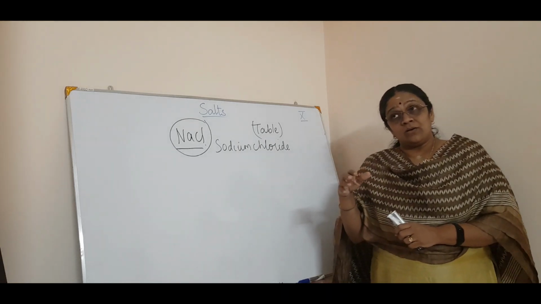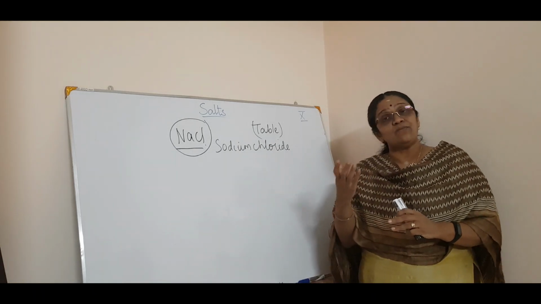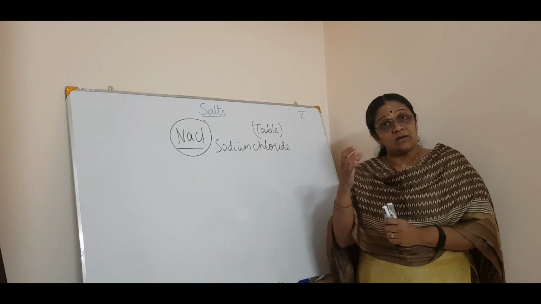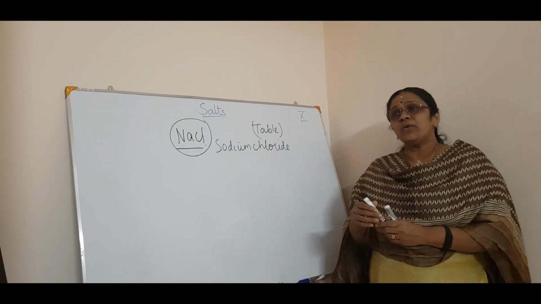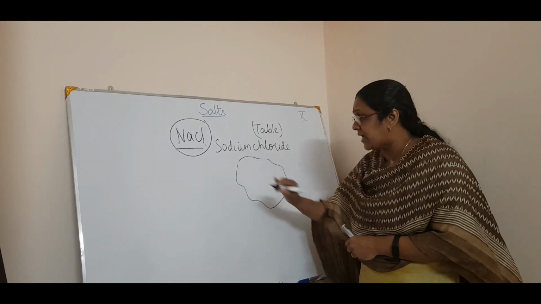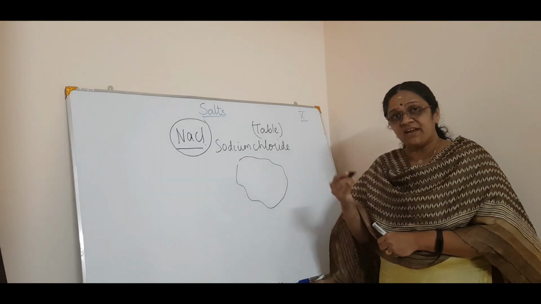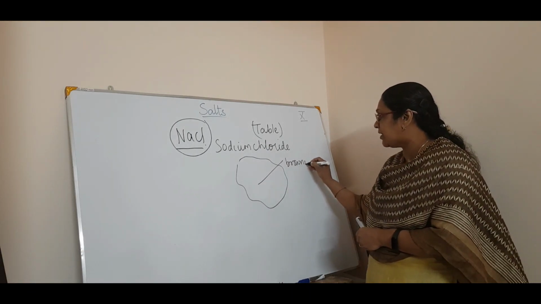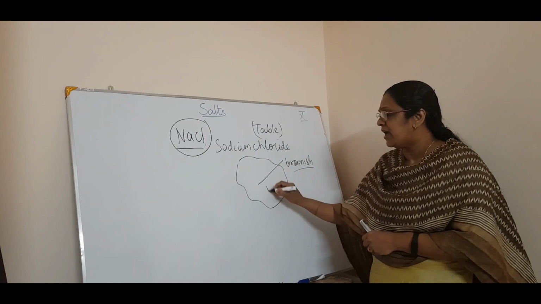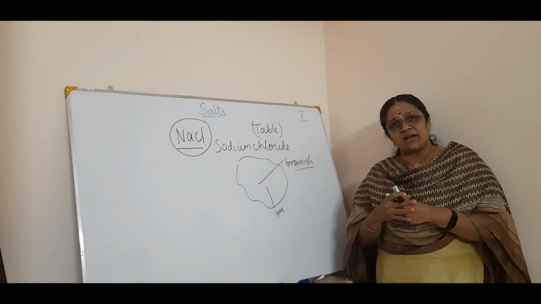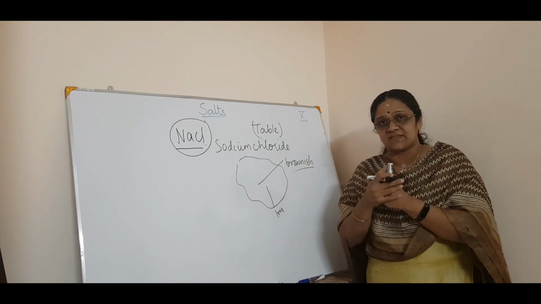Now, also, you can get the common salt from the rocks, from big rock-like structures. If you dig it, it is brownish in color. Why brownish in color? Due to the impurities present in it, it will be brown in color, and it appears as rock crystals.